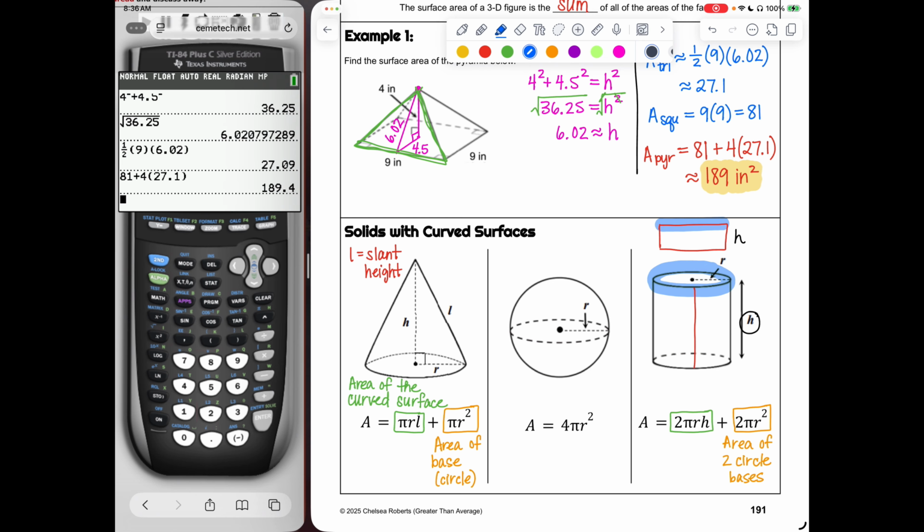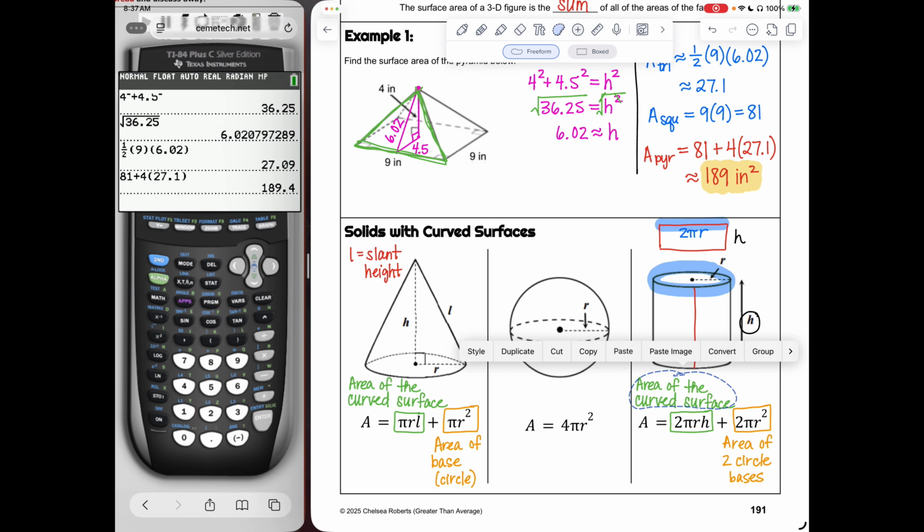So it's the length of the top here. So the perimeter of a circle, or the length of that circle, is 2 pi r. That's the circumference, which means that the length, or the width, of that wrapper is also going to be 2 pi r. So that's why we have 2 pi r times h, because we have length times width, and 2 pi r is the length, and h is the width. So we know that 2 pi r h, once again, is going to be the area of the curved surface of the cylinder. All right, so that is what our formulas are.